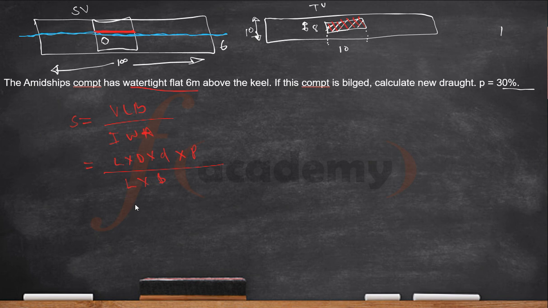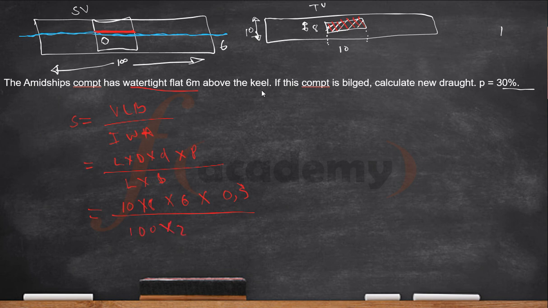That's why now we don't subtract this one here. So for our denominator, the permeability won't apply, because permeability applies where there is cargo and water, and now there is no cargo and water here, so we don't apply it. Then we substitute: 10 by 8, we should know this by heart now, by 6, and for 30% you work it out to be 0.3, all over 100 by 12 for the whole area.